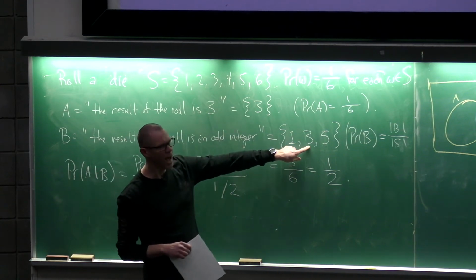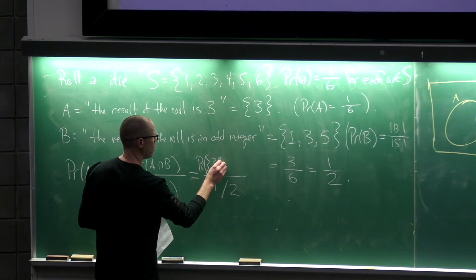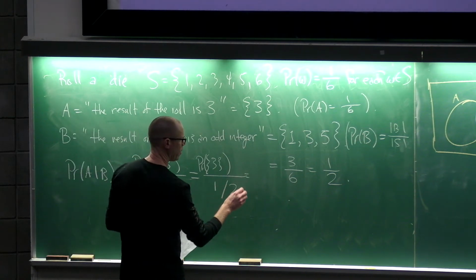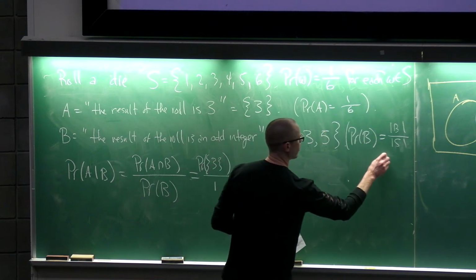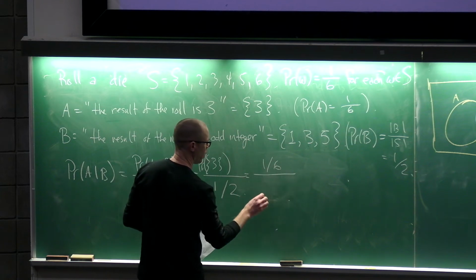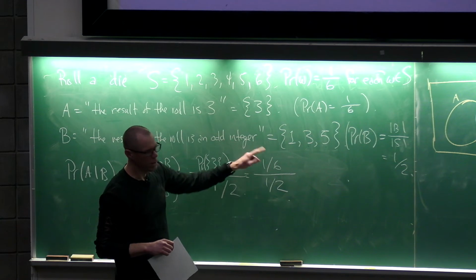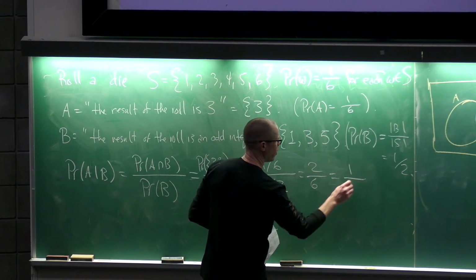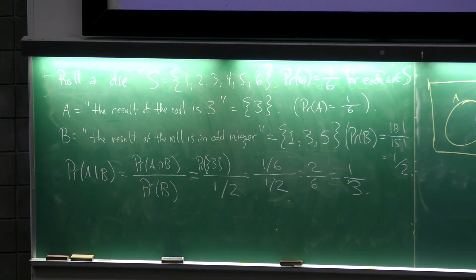B is a set that has 3 in it, so the intersection of those two sets is just 3, and so we get 1/6 divided by 1/2. This 2 goes up, this 6 goes down. That's 2/6, which is 1/3. So indeed, the intuition was right there.